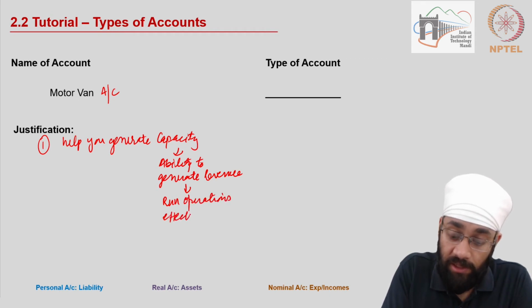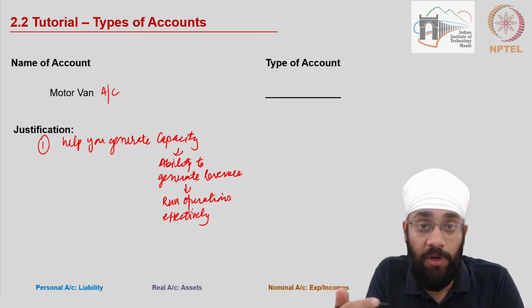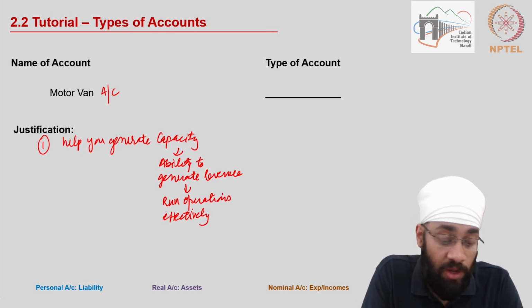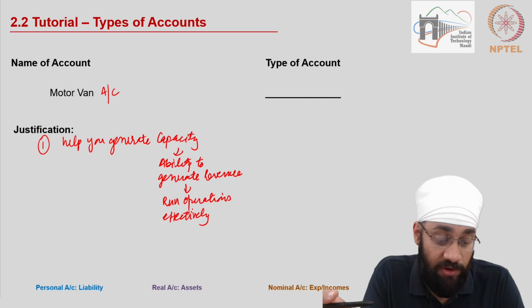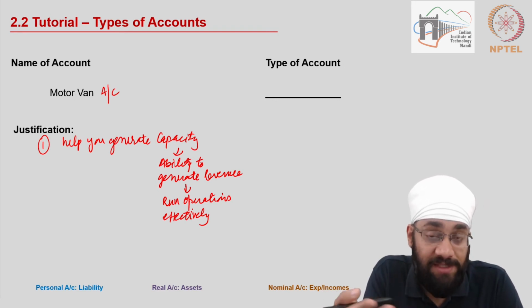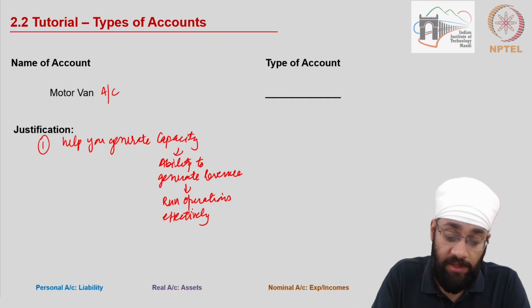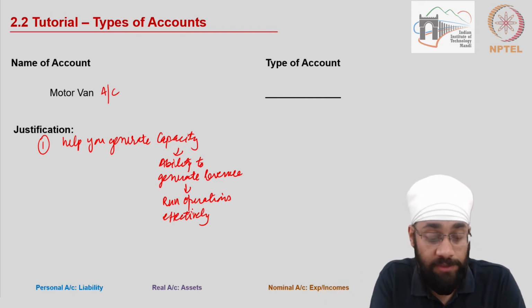efficiently, effectively. So motor van is not directly going to help you generate revenue, but it's going to help your staff move around, your sales staff move around, or maybe you use this van for transporting goods. So in that sense, it helps you in the operations of the business and hence generate revenue for you. And in the long run, it's going to be with you.